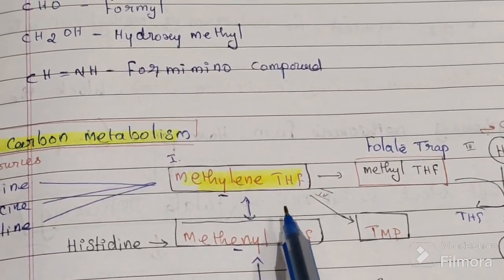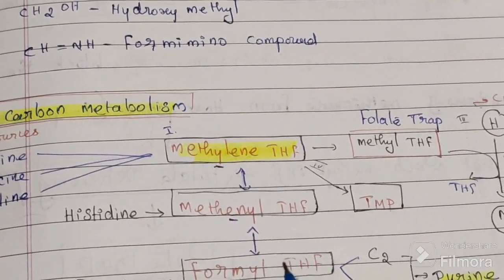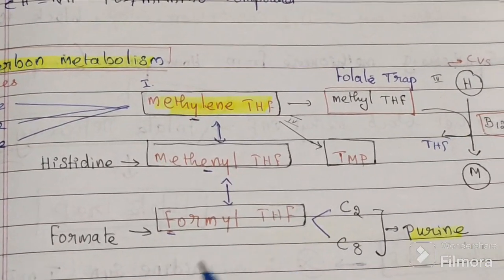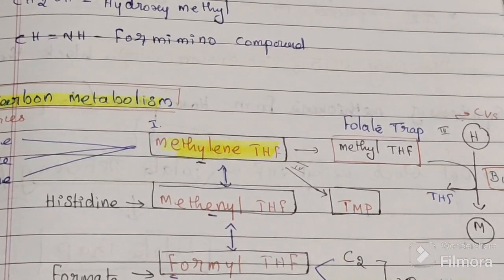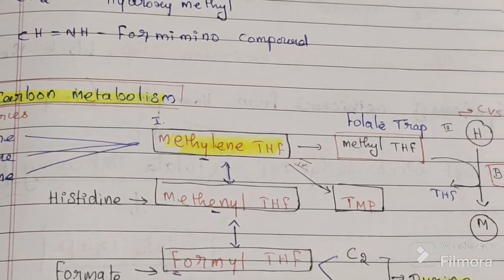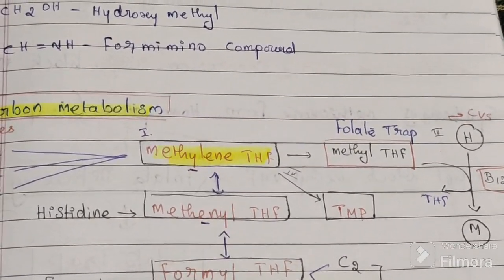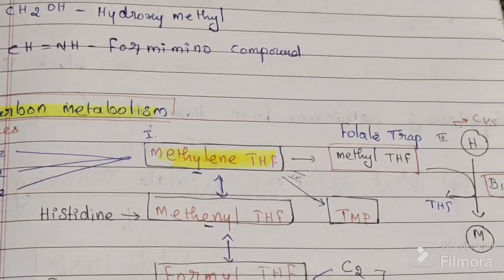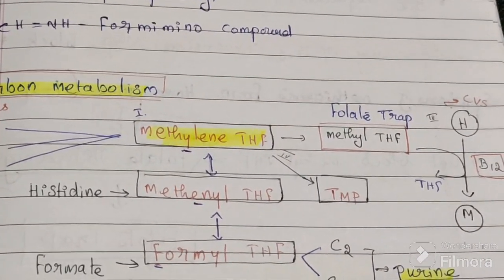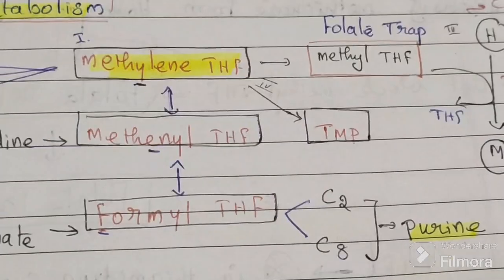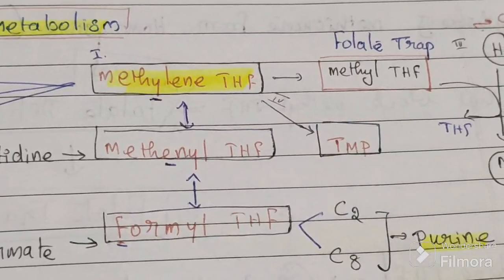Methylene tetrahydrofolate is converted into methenyl tetrahydrofolate, which is further converted into formyl tetrahydrofolate. This is the entry point. Now the methylene tetrahydrofolate to methyl tetrahydrofolate reaction is an irreversible reaction. It is converted into methyl tetrahydrofolate.